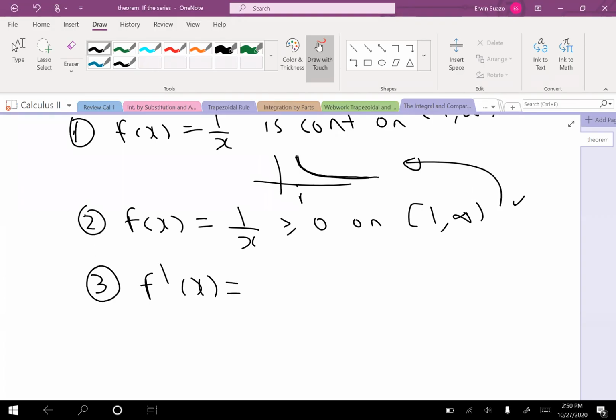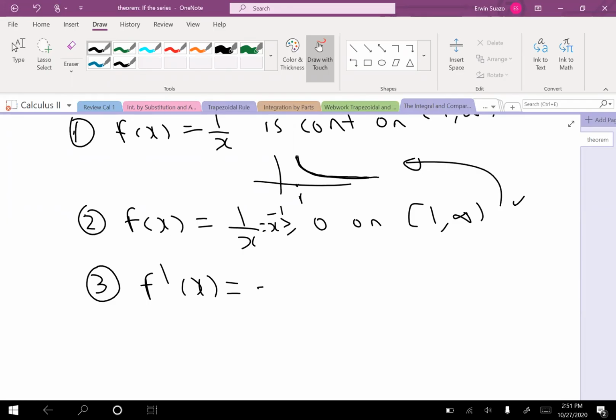If the derivative is positive, the function is? Increasing, thank you. If the derivative is negative, the function is? Decreasing, yes.